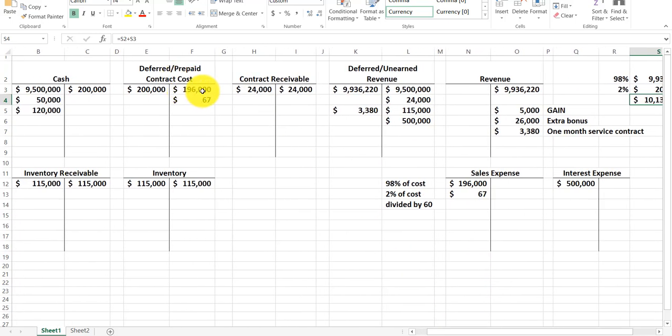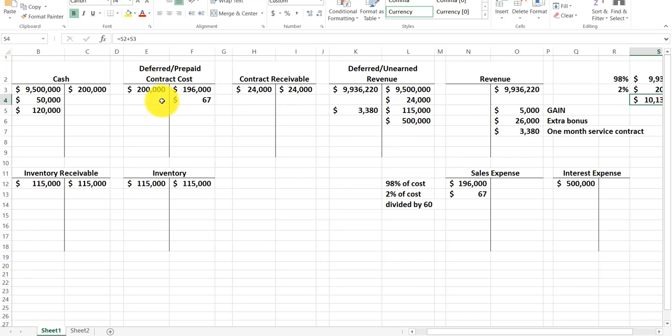Now, a little less critical, but still a point to remember, is when we record this prepaid being used up. Remember, this contract cost for $200,000 we originally recorded. We also need to move that, and 98% of that is moved from deferred or prepaid contract costs to the sales expense.